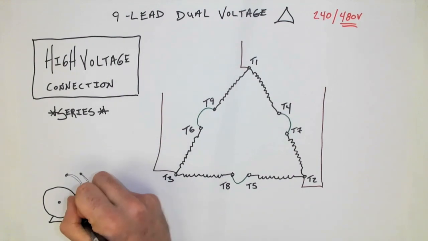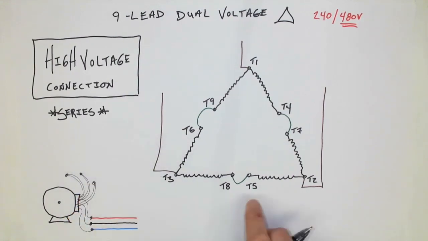And finally, the last 2 would be 5 and 8. So in total, we'd have 6 lead connections with marettes, or 6 marettes. Notice that this is identical to one of the Y connections in the types of connection, like how many wires under each marette and the lead number for each wire.